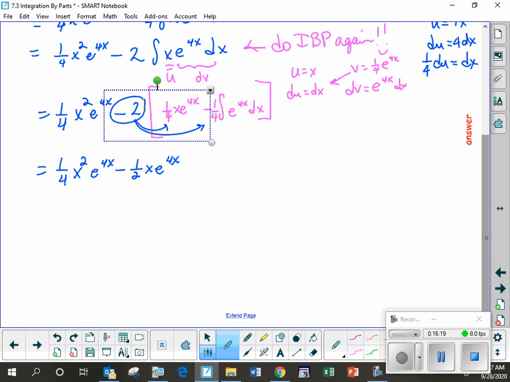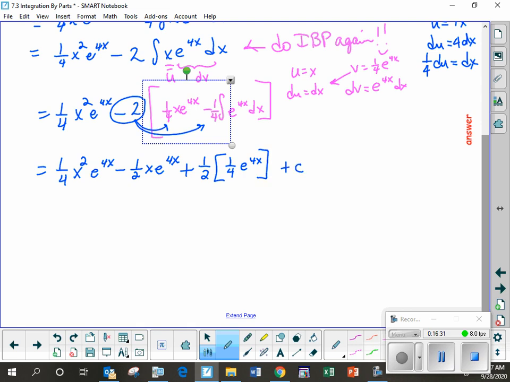Negative times negative makes positive 1/2. Now I've got to integrate e to the 4x, which is a 1/4 e to the 4x plus c. So here's this integral right there. One last cleanup sweep, and we are done.